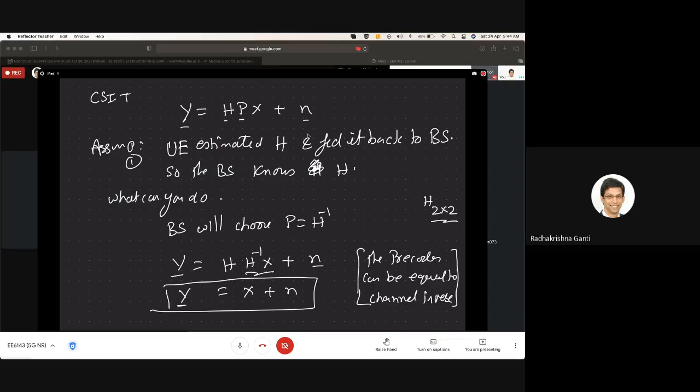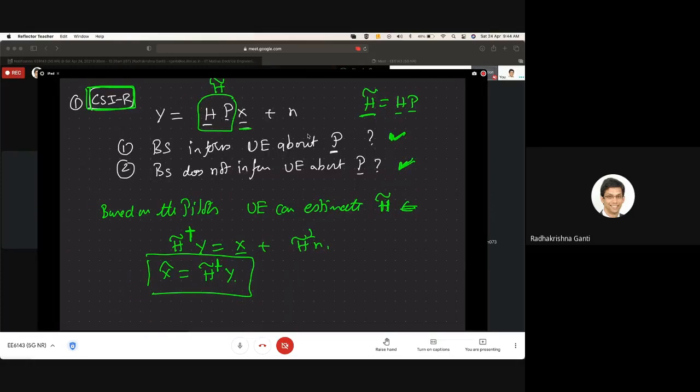So what is the difference between this? Why is this more advantageous than this equation? Let me write up this equation again here. I have my effective y tilde equal to X plus pseudo inverse noise.